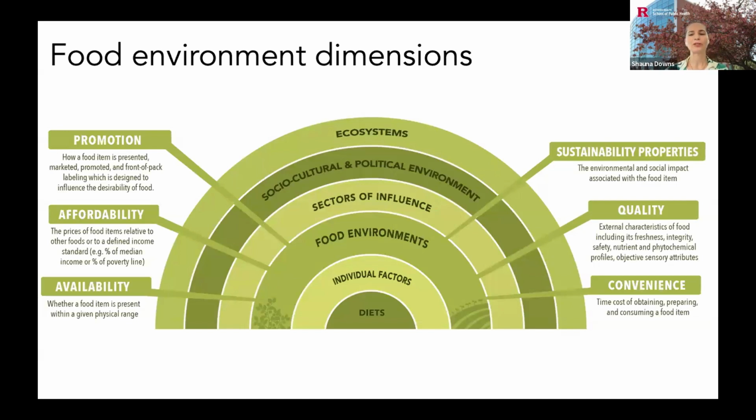And while sustainability properties aren't always included in the dimensions of the food environment, we think it's pretty important to include this, particularly as we start to think about interventions within the food environment to address issues around sustainability, for example, things like plastics.